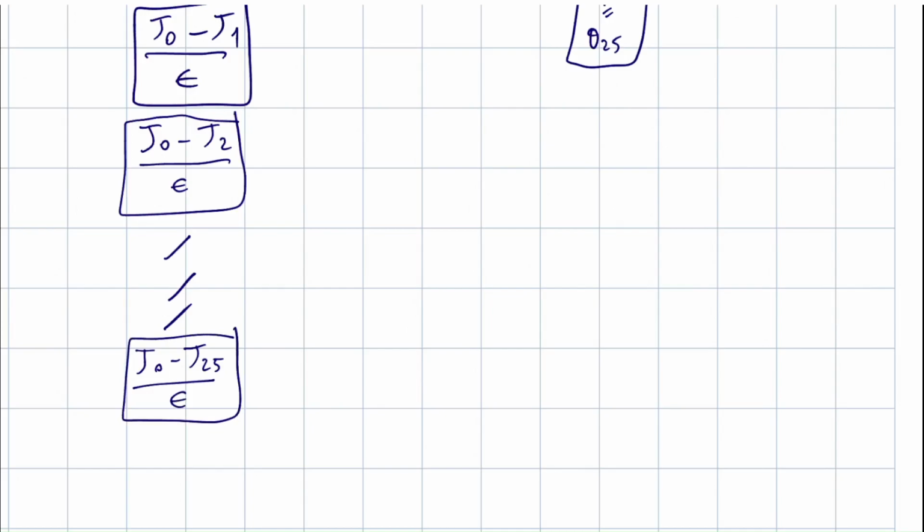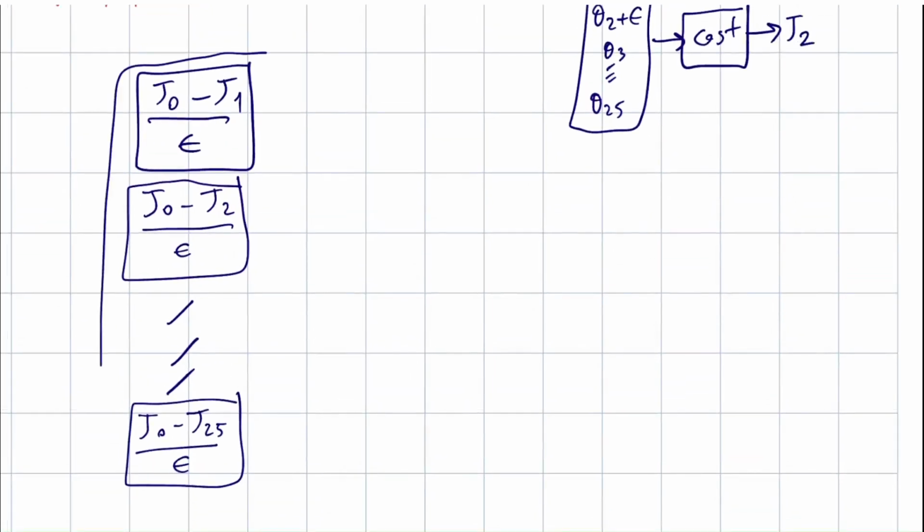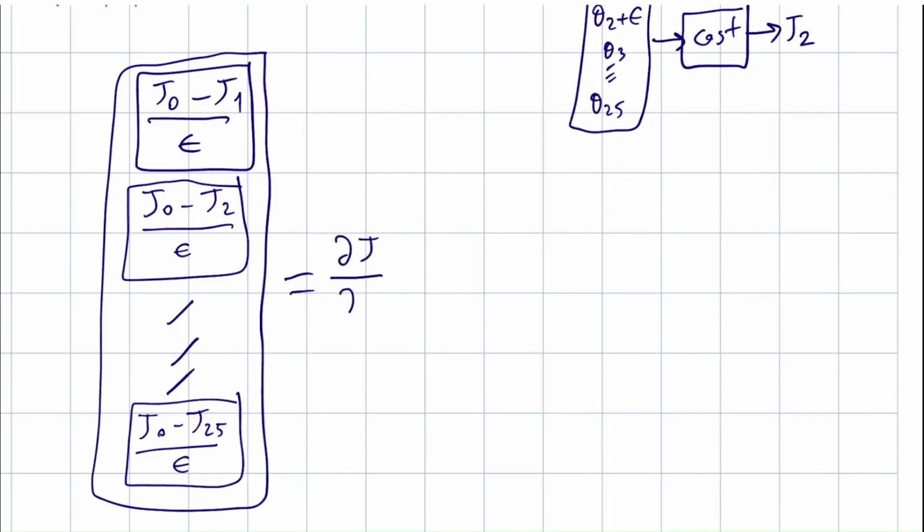What you have is a 25-dimensional vector, and this 25-dimensional vector is basically your theta gradient.